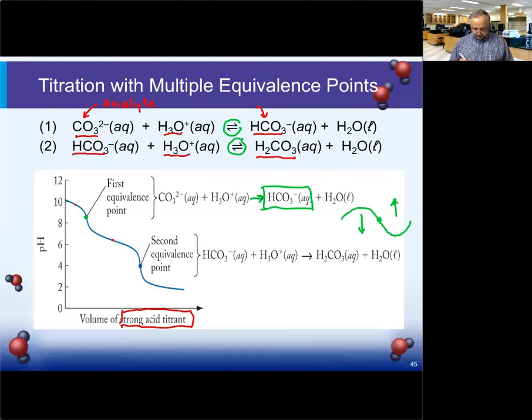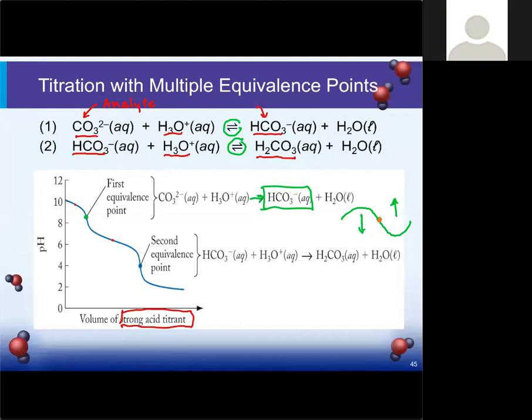Let me put it in orange. That's the inflection point, and that's the equivalence point. When you're doing titration and you see the concavity of the curve go from pointing down to pointing up, then you have reached an inflection point. And those are the ones here.